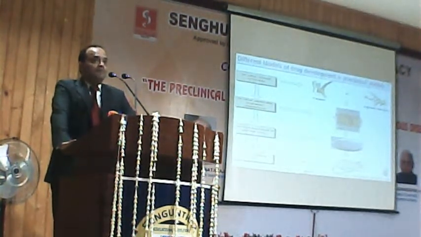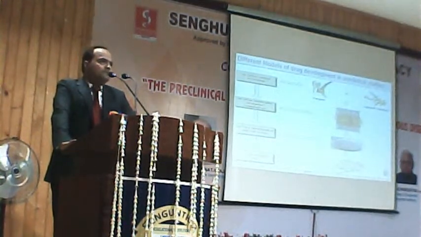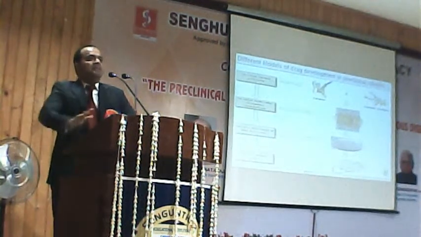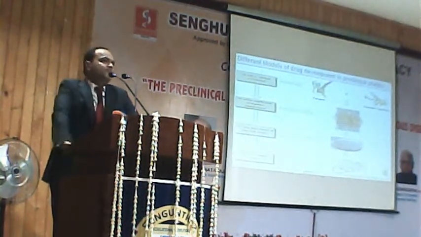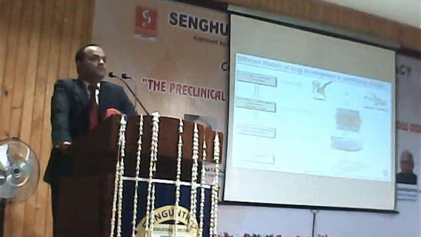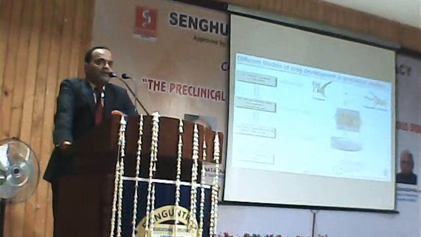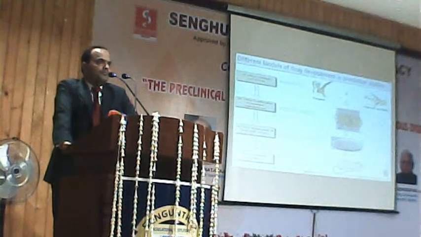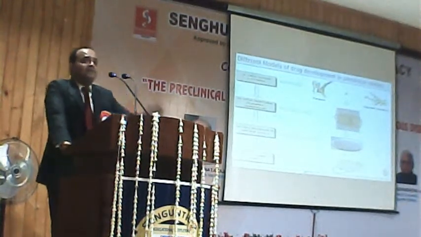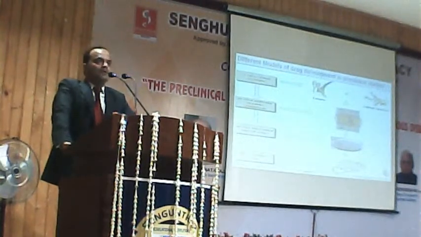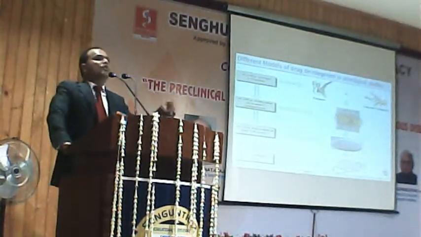And sometimes when you select animals which closely resemble human beings, there will again be some ethical consideration, and you will not get ethical approval. For example, chimpanzees. You cannot take chimpanzees for each and every experiment, although they closely resemble humans. And sometimes you cannot select animals that would be the best animal models, because these pathogens will not affect the animals.